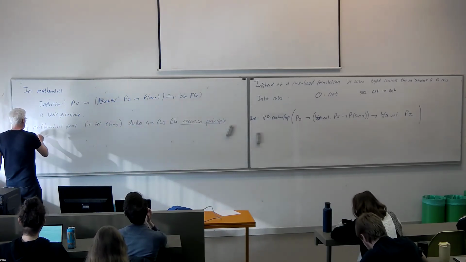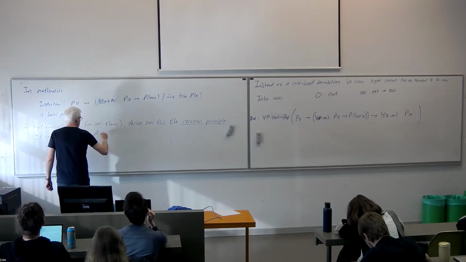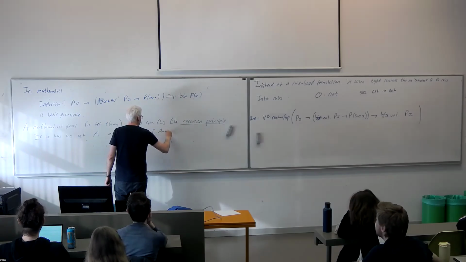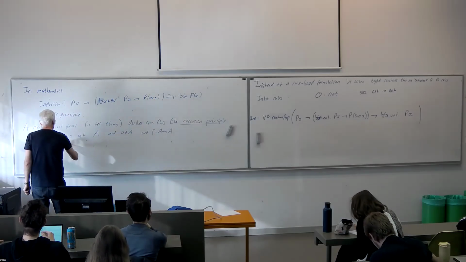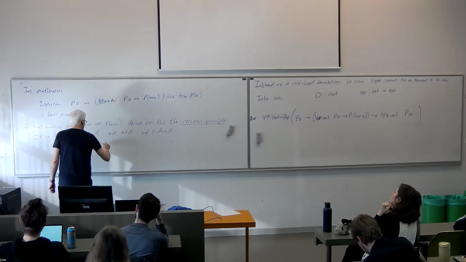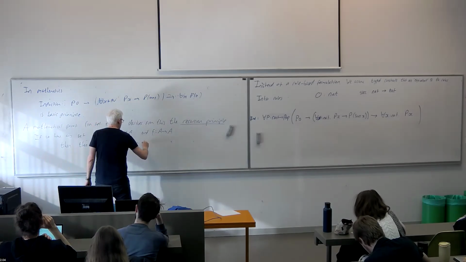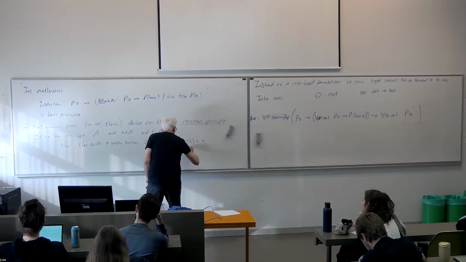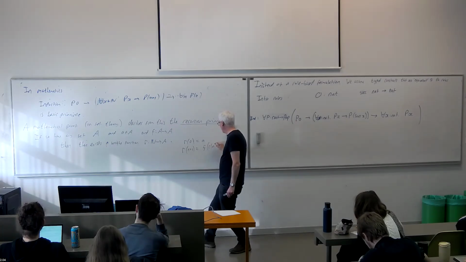The recursion principle says if we have any set A and an element little a of A and a function f from A to itself, then there exists a unique function R from the natural numbers to A, such that R of 0 is little a, and R of n plus 1 is f of R of n.